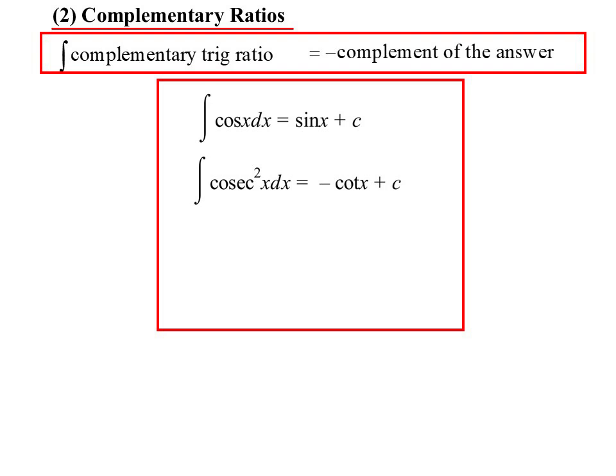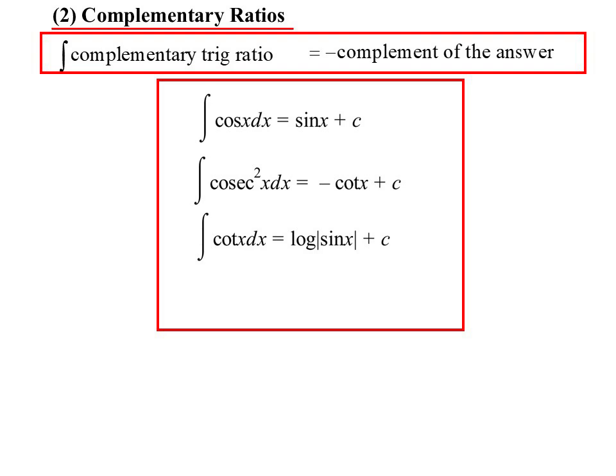So if I had to integrate cosec squared, well I know that when I integrate sec squared I get tan. Therefore, when I integrate cosec squared I must get minus cotan. Cot, which we just said, hey, we can remember tan is the log of sec or minus the log of cos.